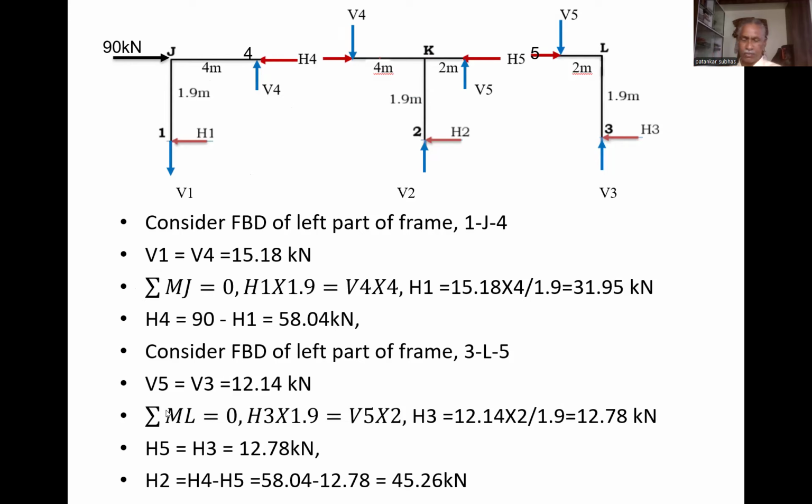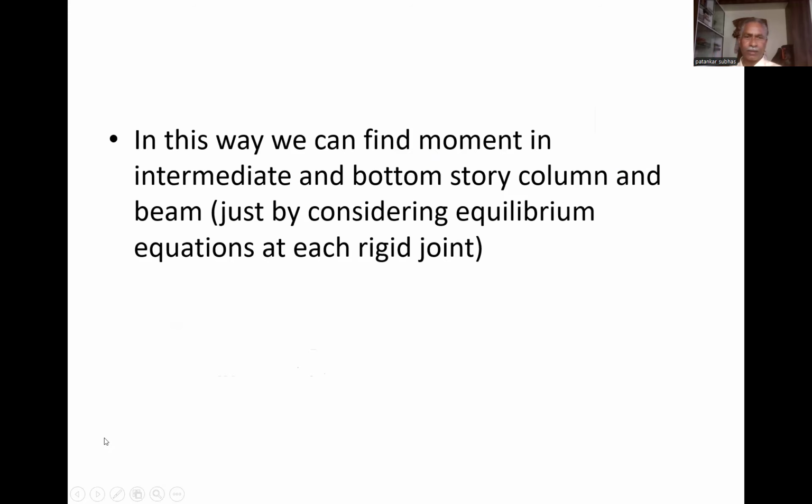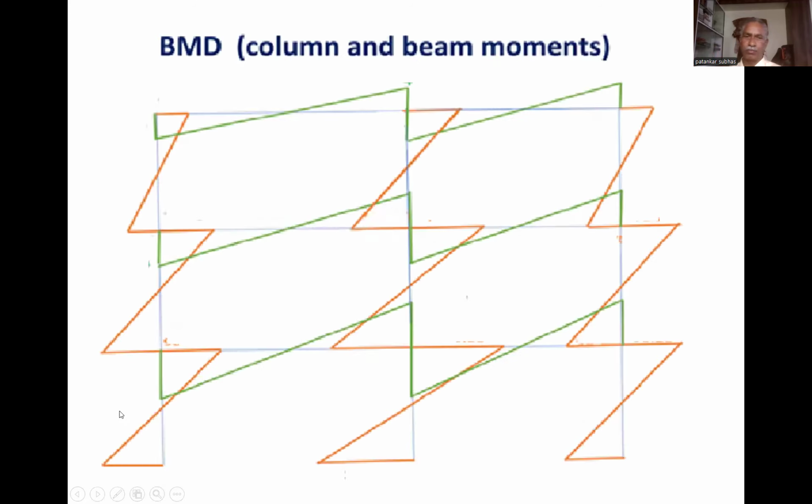In this way we can find the column moment and the beam moment, and this is the general diagram. I have not mentioned the numbers here, but it is observed that for the beam, the direction of the moment is like this: one is downward, the other is upward, because the point of contraflexure is always at the center. That's why this moment and this moment are the same.